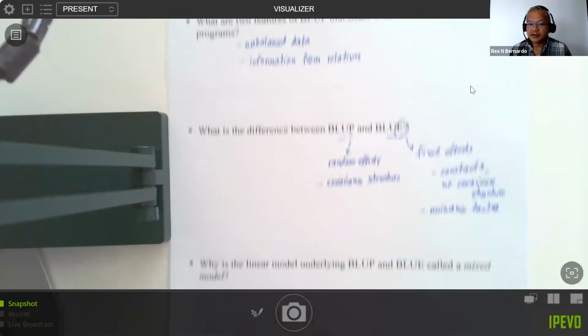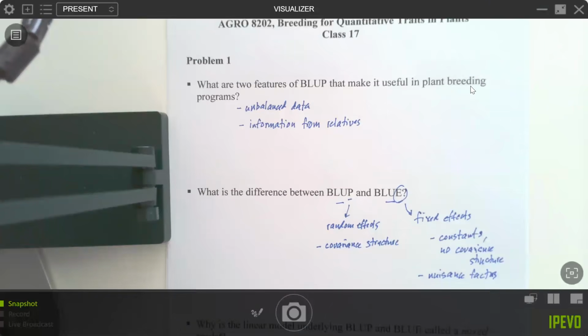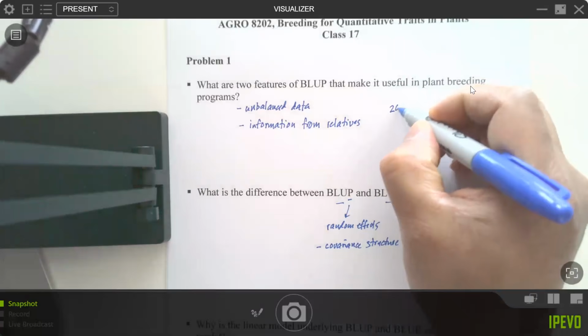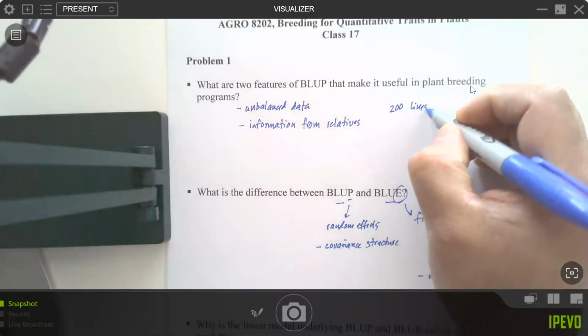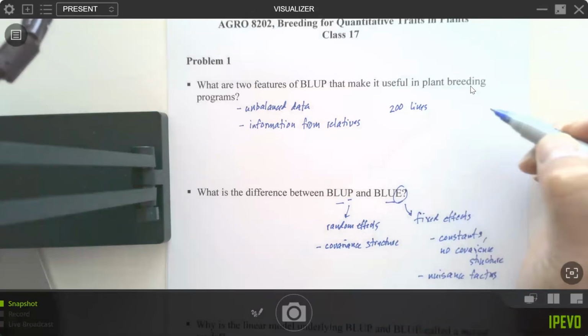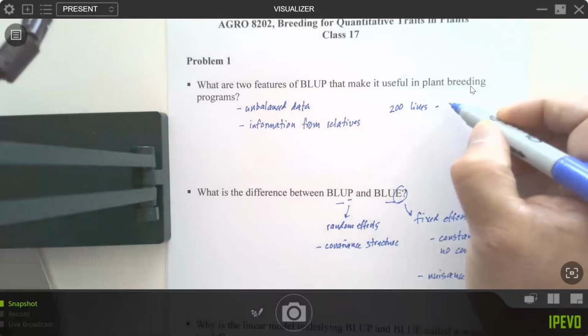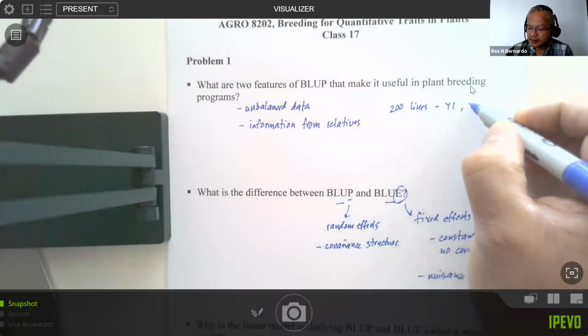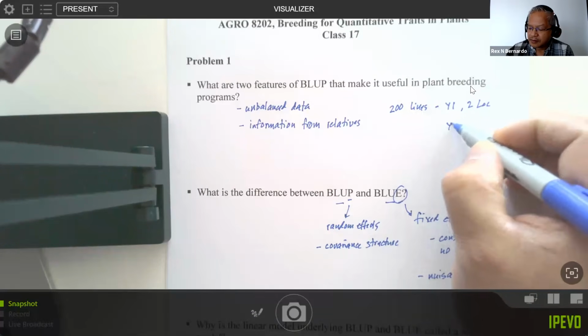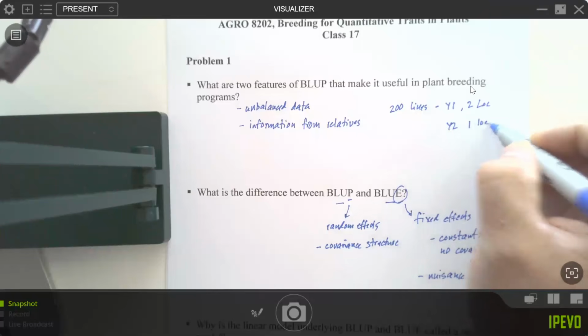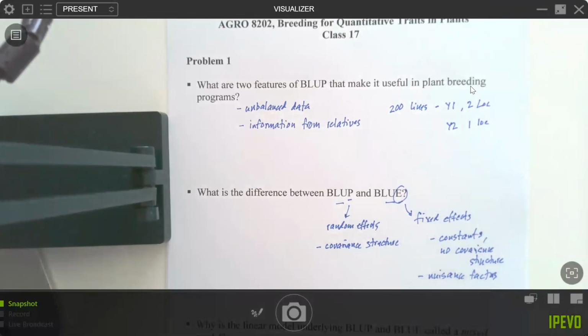Does that mean that if I have, I don't know, a set of 200 lines and I test them in 1 year, but in 2 locations, and then the next year I test them again, but only in 1 location, I would still be able to use all 3 environments? Because usually I would probably calculate them by themselves, like divide it into the locations maybe.